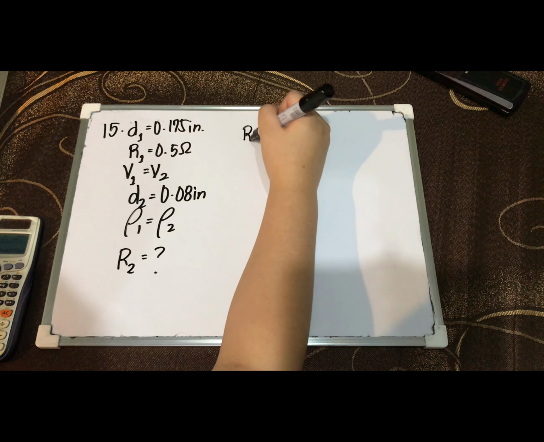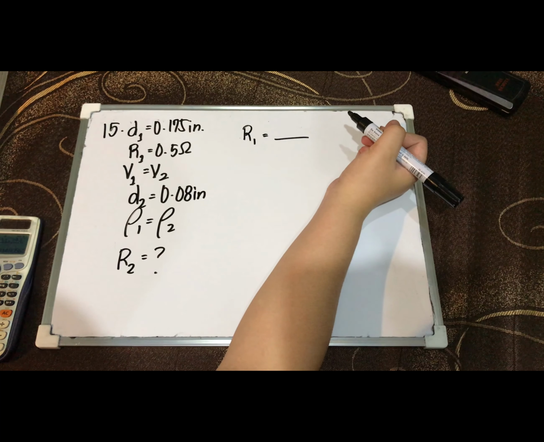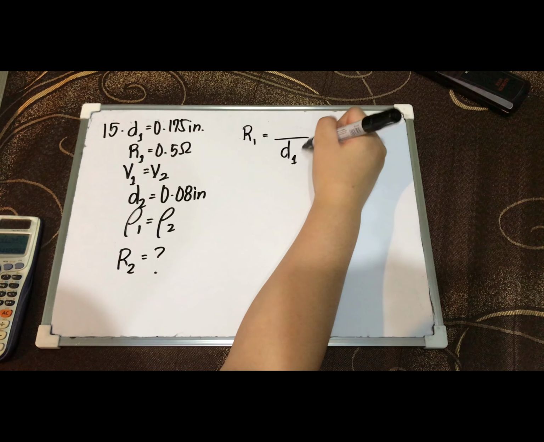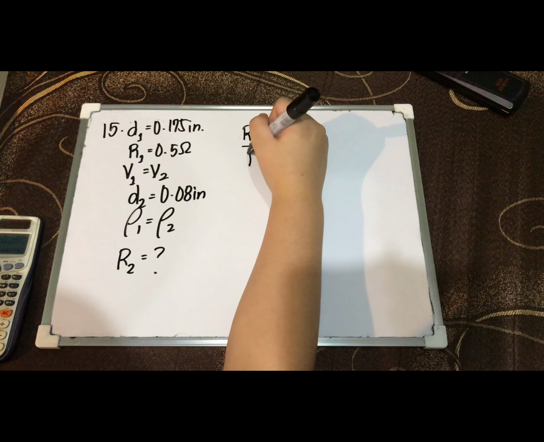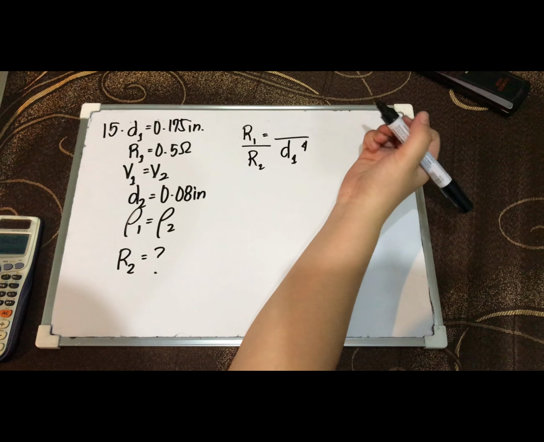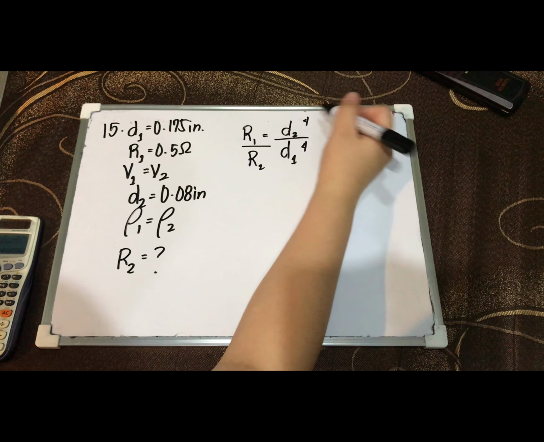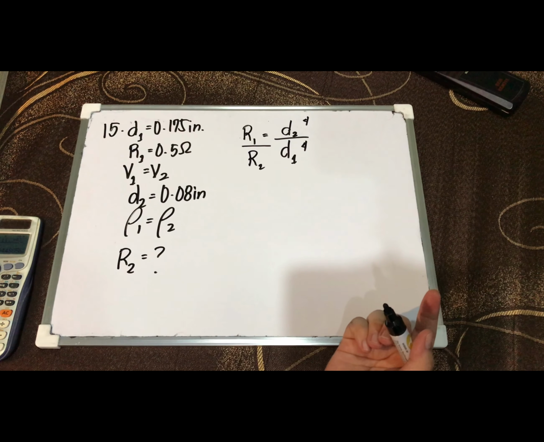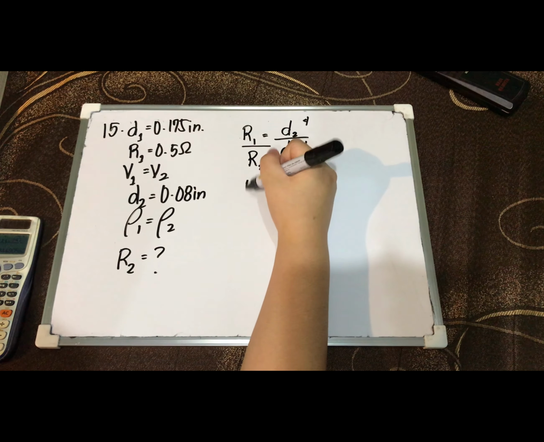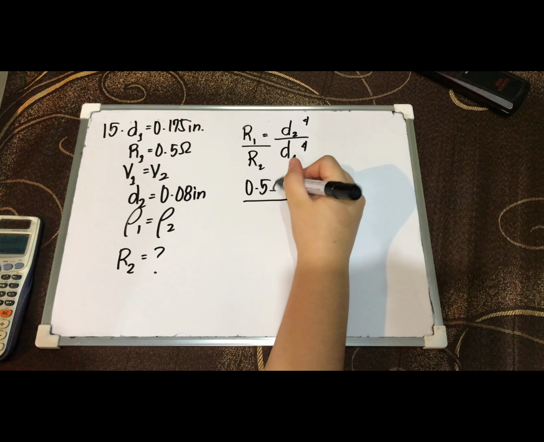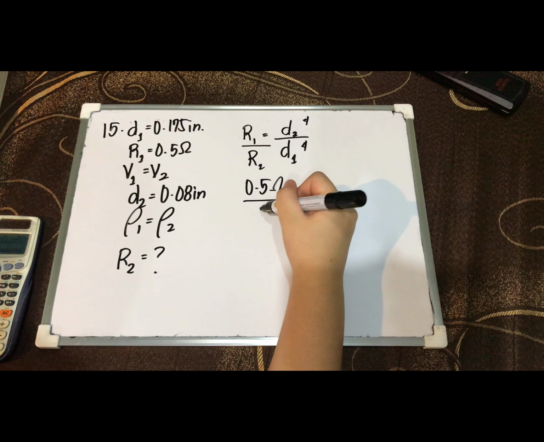So, yun lang din yung gagamitin natin. R1 is directly proportional to the reciprocal of diameter 1 raised to 4. And yung R2, ganun din. So, pag inequate mo sila, magiging ganito. Substitute lang natin yung mga value. So, R1, 0.5 ohm. R2, yung hinahanap.